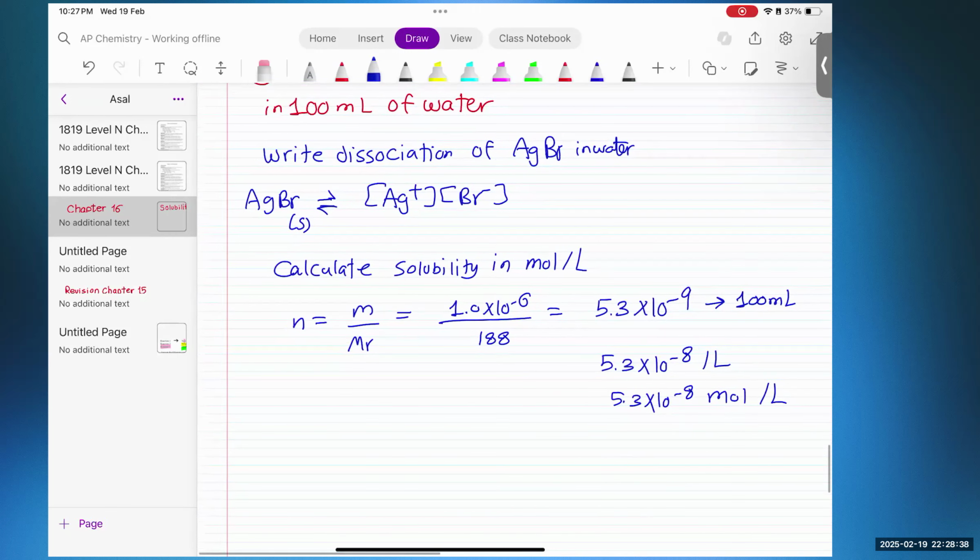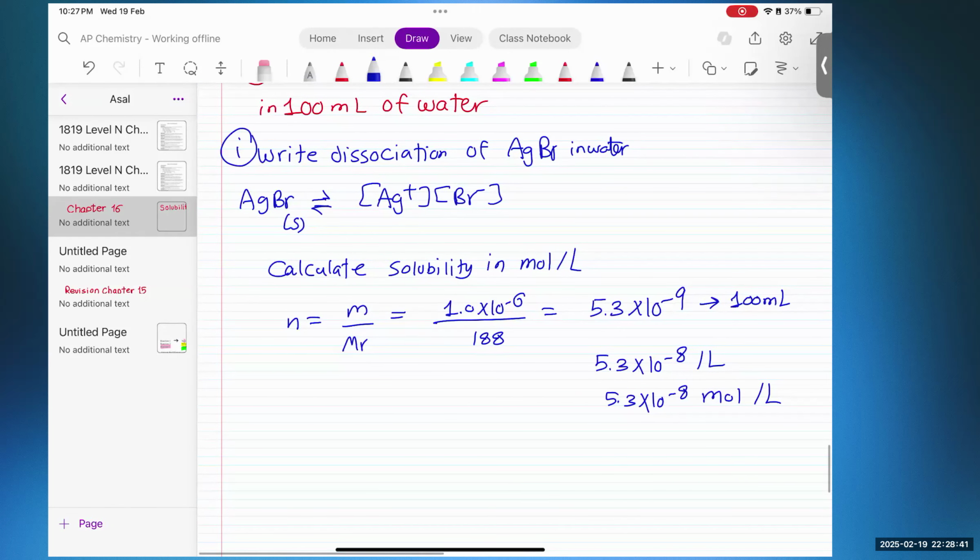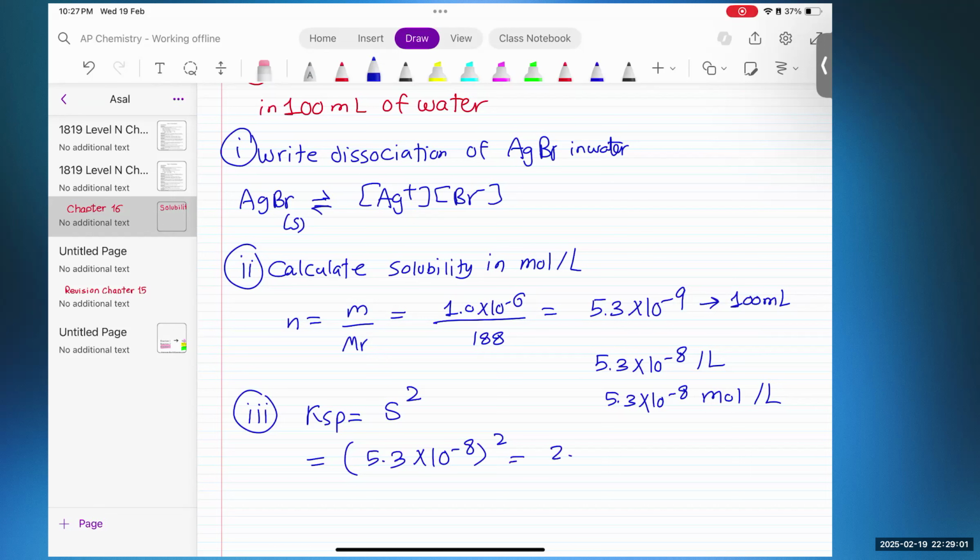The last part is when he's asking about the solubility product. The ratio is 1 to 1, so KSP is just equal to S squared. That's it, I don't need to write the ICE table. I memorized this; these easy things save me time, especially in multiple choice. 5.3 times 10 to the power of negative 8, squared, equals 2.8 times 10 to the power of negative 15, just as he said.